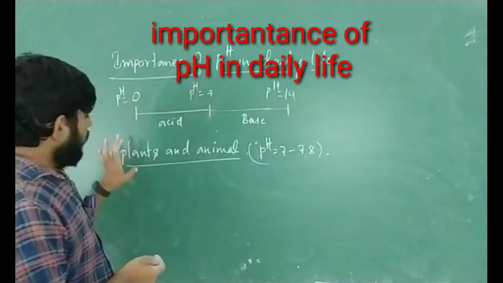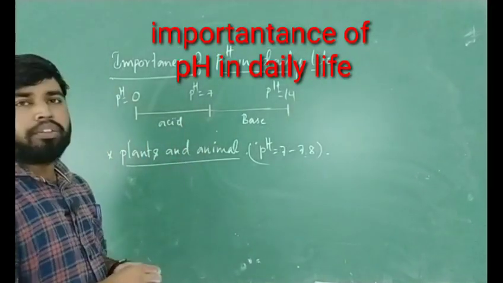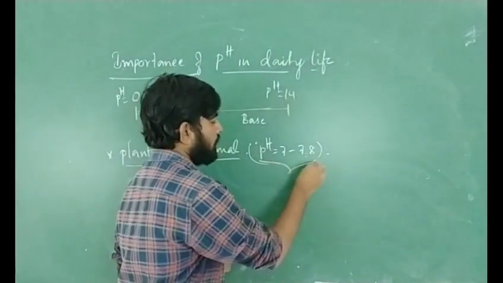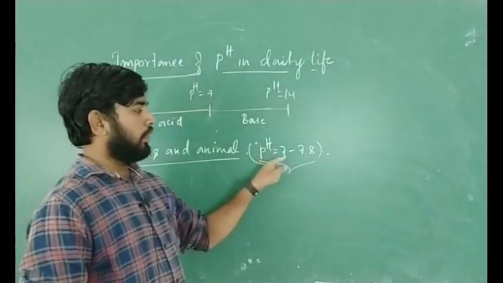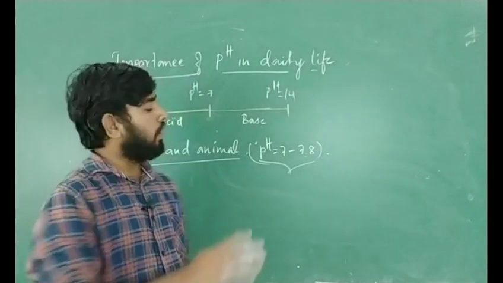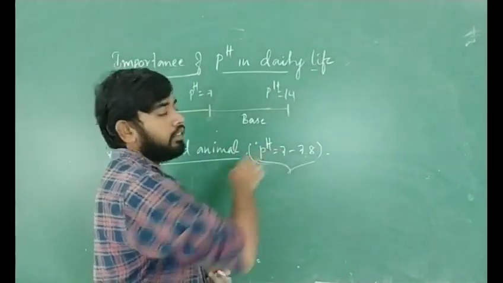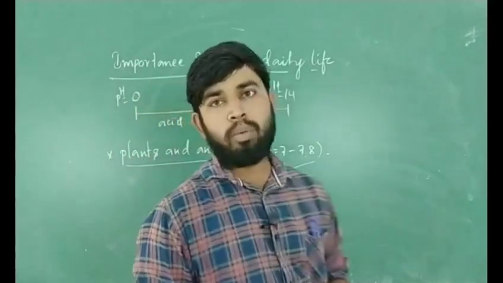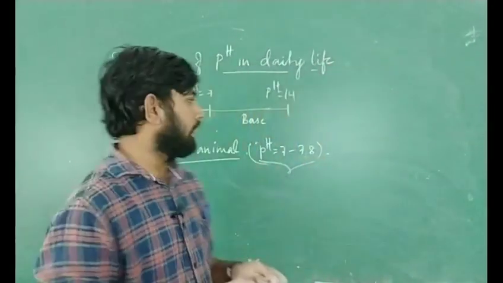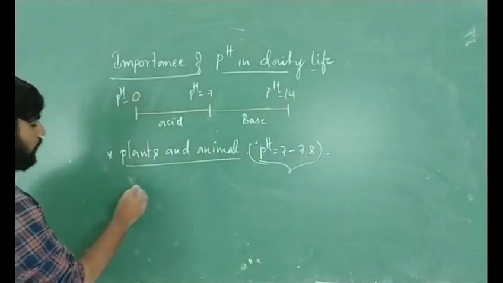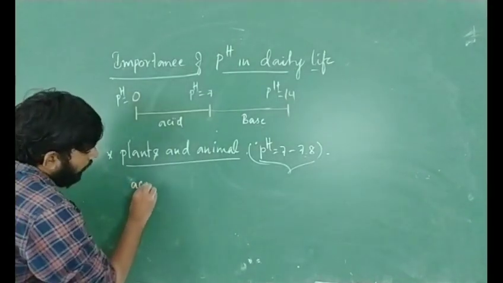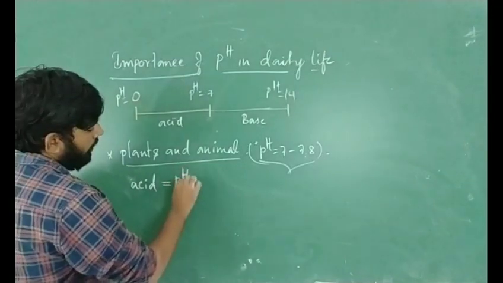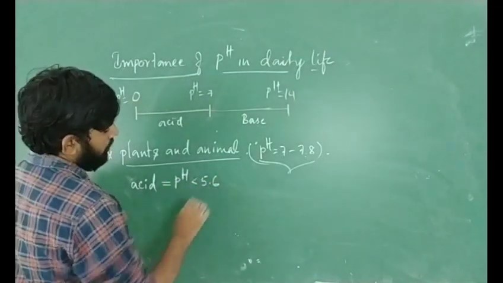Generally, plants and animals survive in a narrow range of pH, that is 7 to 7.8. So what happens if this pH decreases? I think everyone knows about acid rain. Just for a glance, we call it acid rain when the pH of the rainwater is less than 5.6.